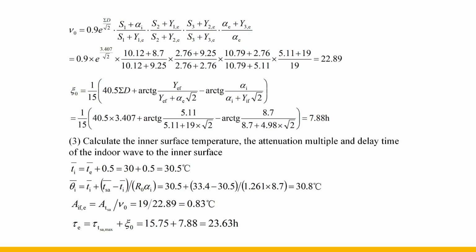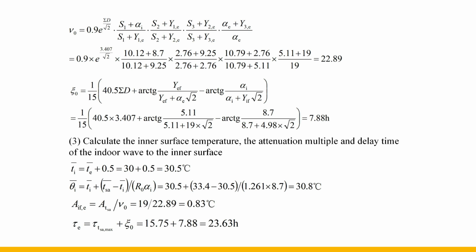The calculation formula of the average temperature of the internal surface is not introduced in the previous section, which is equal to the average indoor temperature plus the difference between the average outdoor solar air temperature and the average indoor temperature, divided by the heat transfer resistance and the internal surface heat transfer coefficient. That is 30.8 degrees Celsius.